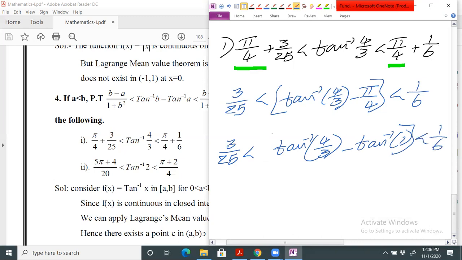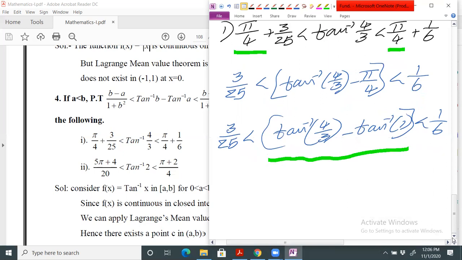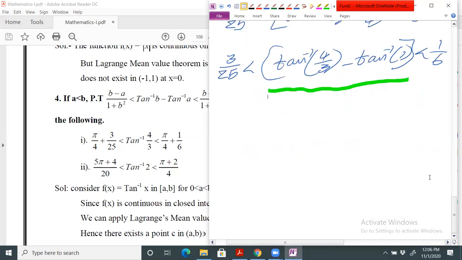Now if we observe the middle part inside the brackets, it is tan inverse b minus tan inverse a. So from this, put a equals 1 and b equals 4 by 3.